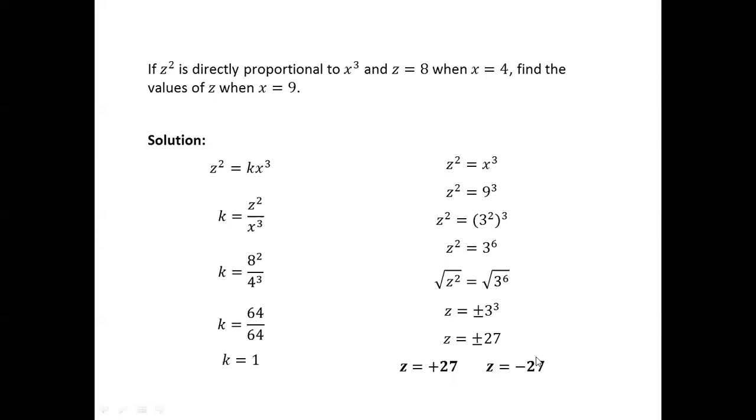On the other hand, if you square negative 27, notice that the numbers are the same except for the signs, of course. If you square negative 27, the result will be a positive number as well. So for this question, the answer will be z can be positive 27 or z can be negative 27.